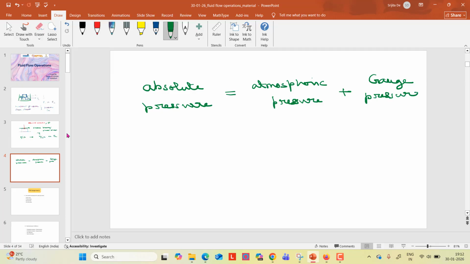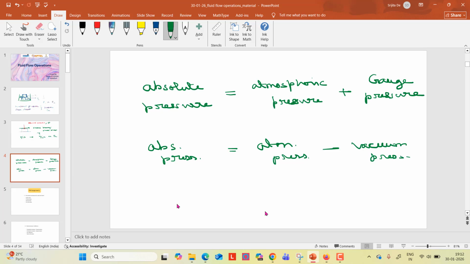And if this is happening in a vacuum, then absolute pressure equals atmospheric pressure minus vacuum pressure. So it is the difference.